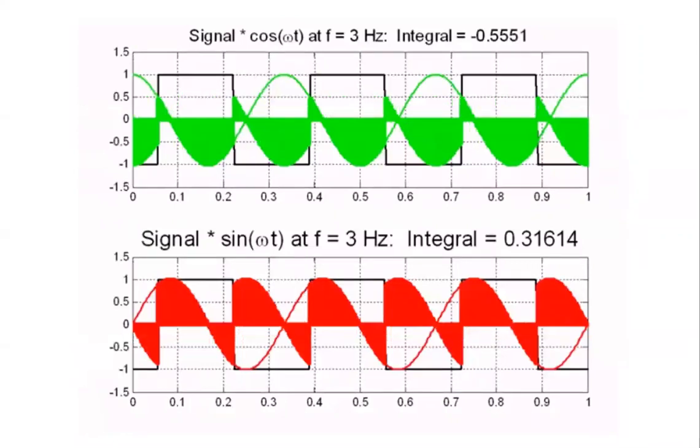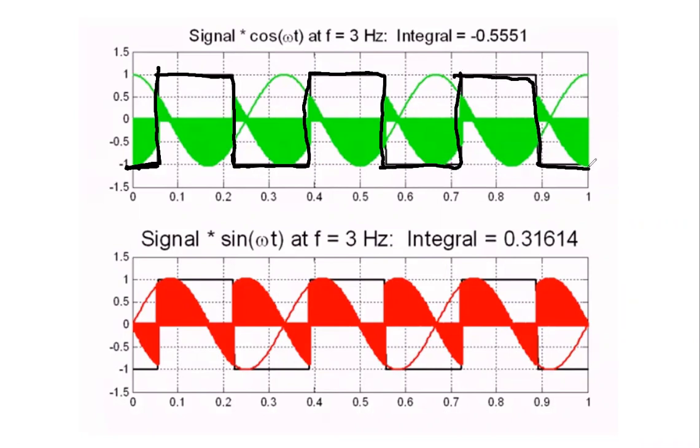Now the unknown signal looks like this square wave. This square wave is the unknown signal. Now we need to find the continuous time Fourier transform of this unknown signal. So again, the steps are the same.